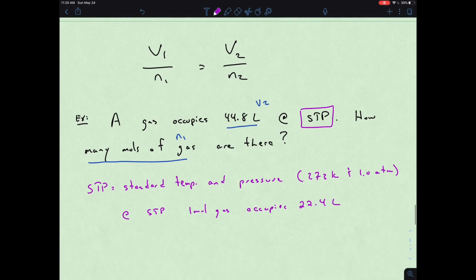So there's our other two constituents, namely N1 being, let's say, 1 mole, and V1 being 22.4 liters. And so in this particular case, remember, temperature and pressure are constant.